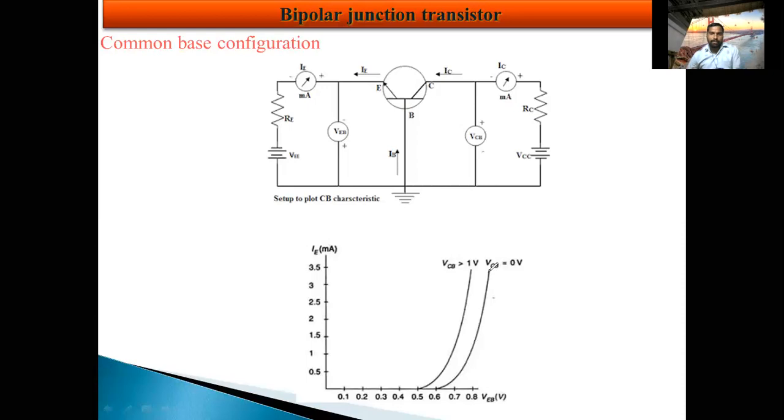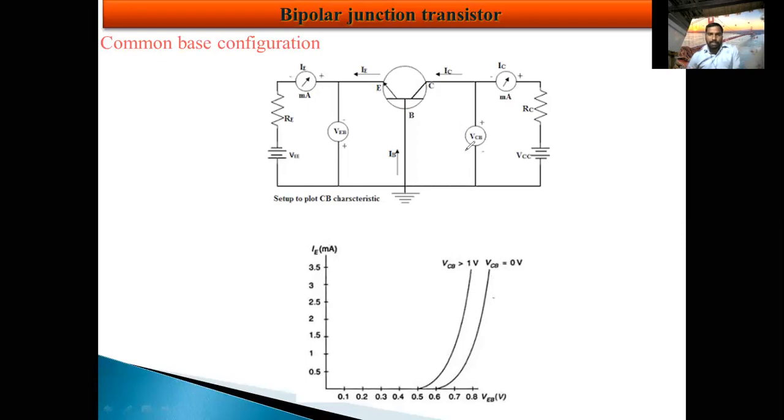Now again the VBE value varies when the VCB value is kept at another constant value. Again the graph is like this.